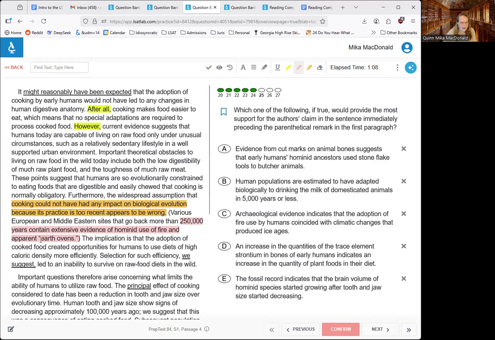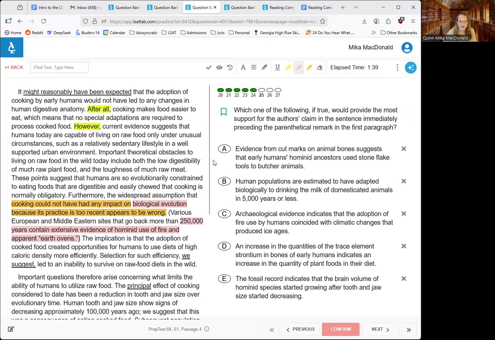But what did the author not prove with this little parenthetical? Still doesn't prove that it could have an impact on biological evolution within that time frame, right? It tells us that the time frame is gigantic, in fact, but it doesn't actually lead us to the conclusion that we could evolve within that time period because of fire.